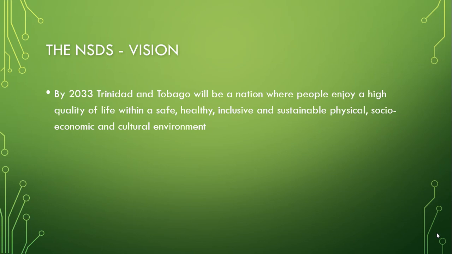So any kind of project that you are about to embark on, you must always have a vision. It doesn't really matter whether the vision at a particular point in time seems feasible or not, but you must have a vision. You must have something to work towards. And this is the vision of the NSDS.